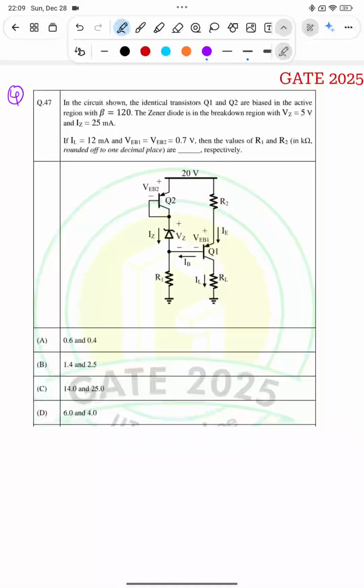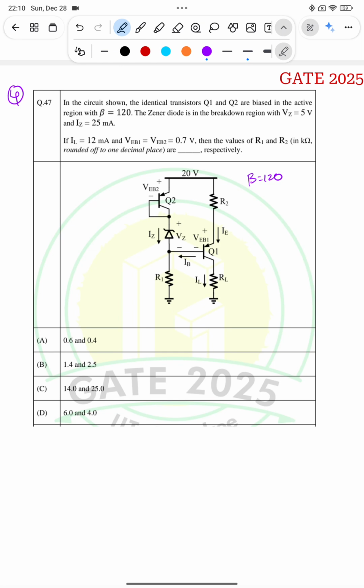The question is: in the circuit shown below, the identical transistors Q1 and Q2 are biased in the active region with beta equal to 120. So both transistors Q1 and Q2 are identical with beta equal to 120.